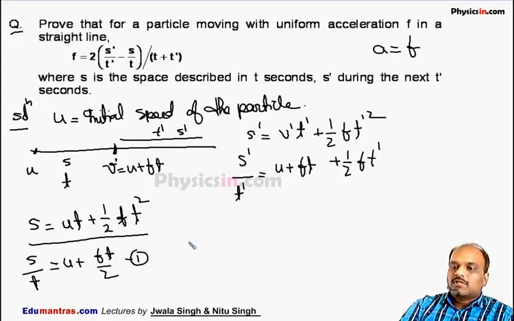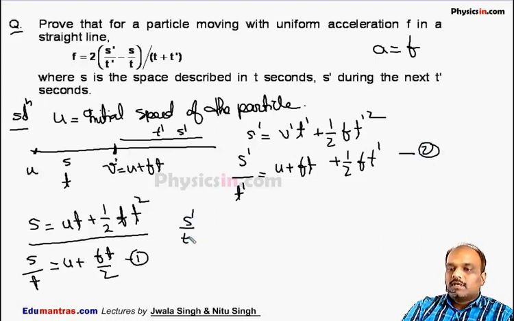If I say this is our second equation, then s dash by t dash minus s by t is equal to u plus f into t plus half f into t dash, minus s by t, as I know s by t is u plus f t by 2. So this u will vanish.